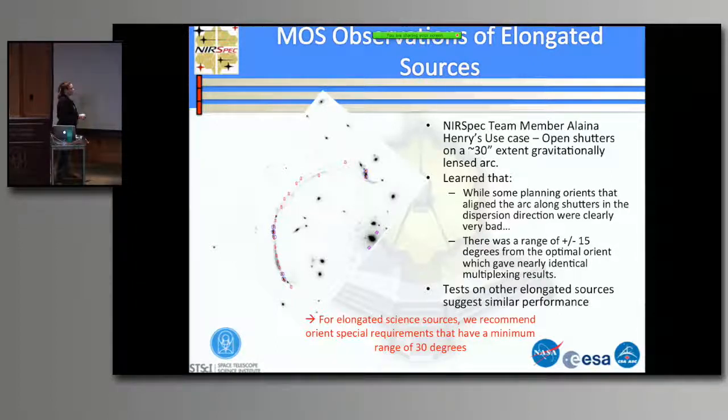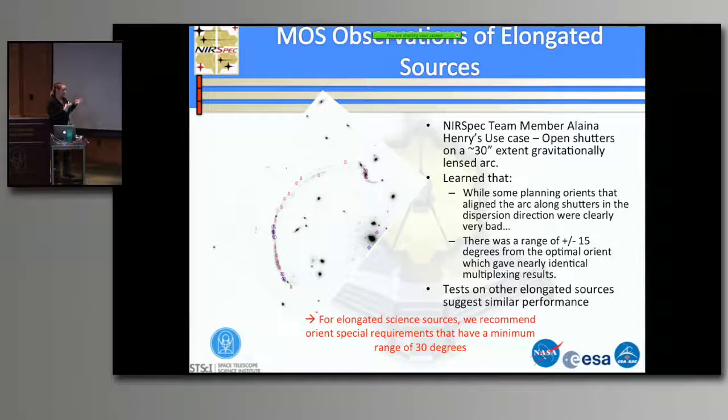This is a source that was at a high enough ecliptic angle that you were able to get a wide range of orients to test. And there was clearly an optimal orient and a range around that optimal orient of plus or minus 15 degrees, which gave nearly identical multiplexing results. So that's where this recommendation of a 30-degree minimum recommended range for schedulability came from. And we found that tests on other elongated sources suggest similar performance.